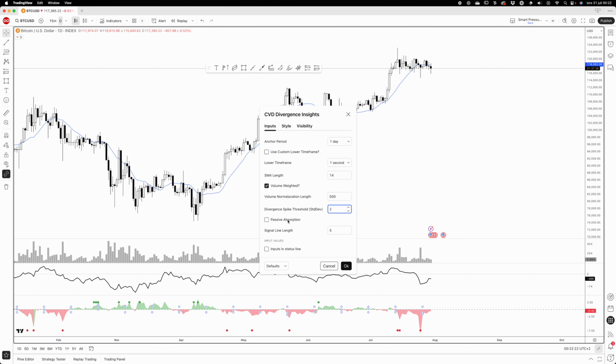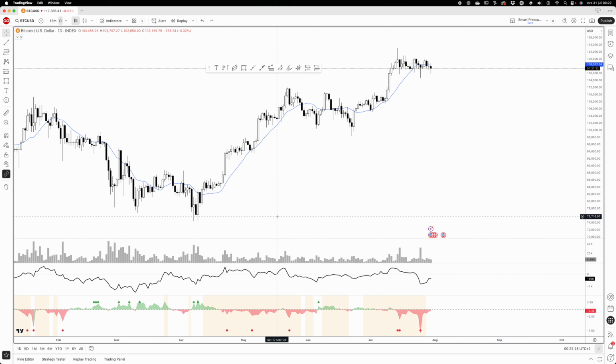The next feature is called passive absorption. If you turn it on, it will detect long divergences. I've talked about this in a previous video where I talk about chronic divergence or inversion charts. And if you look at this uptrend that goes on here, it's constantly under challenge by bears, and the bears are not being able to reverse this trend.